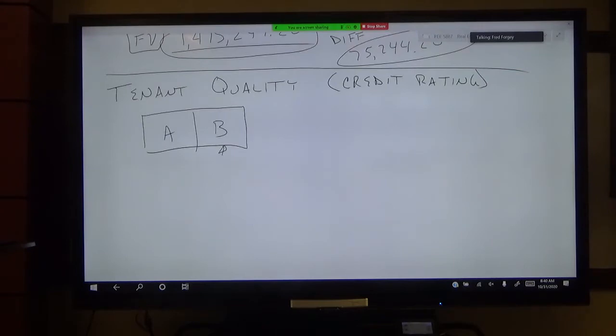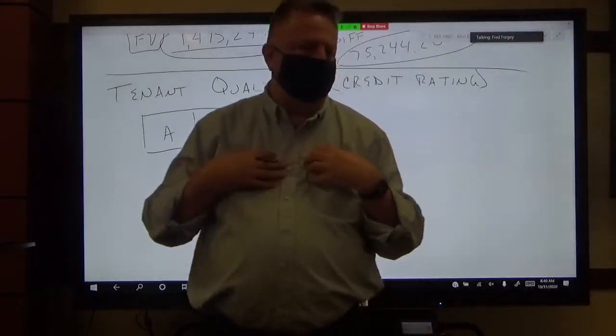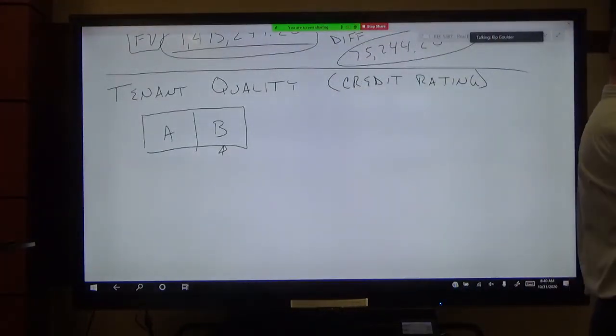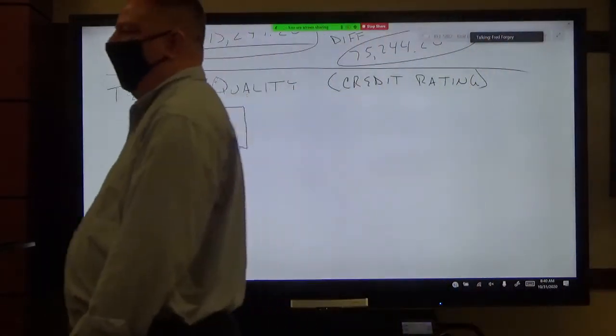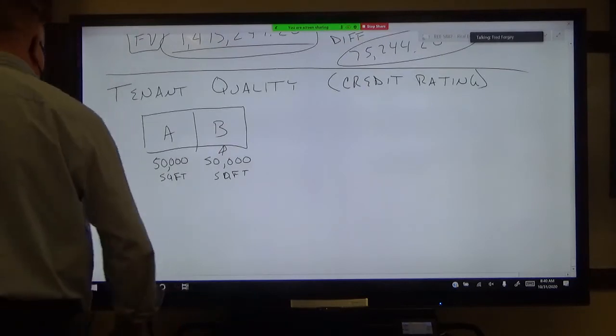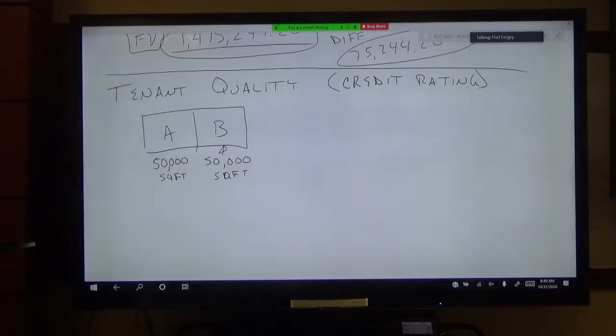And so if I am the lender and you're bringing me a project and these are the two tenants that have been selected for the project, say each of these tenants has 50,000 square feet. Maybe tenant A, I give a little bit of a break on the rent.